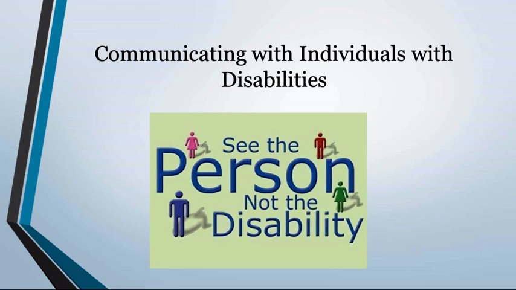Treat adults as adults. Listen attentively and patiently when someone has a difficult time speaking. Do not cut them off. Do not lean against or hang on to their wheelchairs. Do not pet their service dogs without permission. Basically, treat them as a person as you would anyone else.